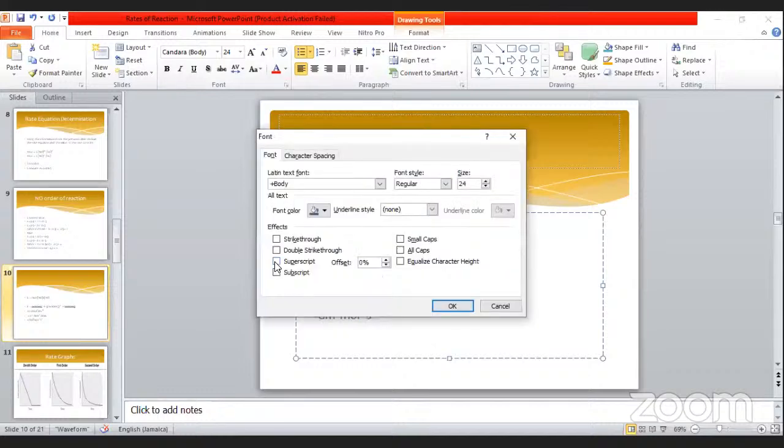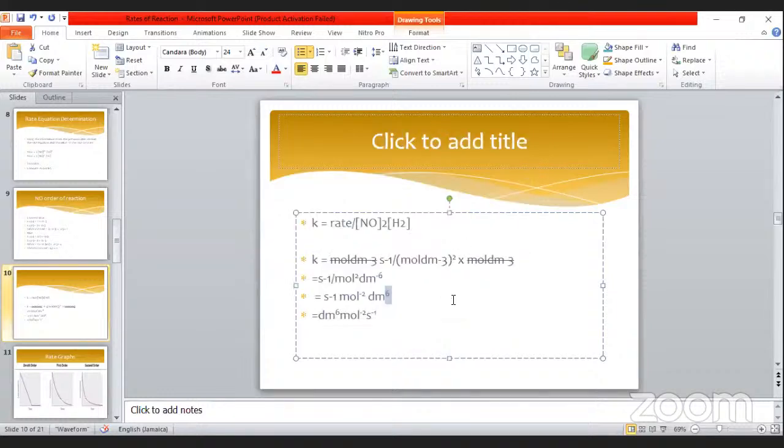Somebody's asking, why is it 6 and not 9? For your indices, when you are squaring, the minus 3 is multiplied by the 2.